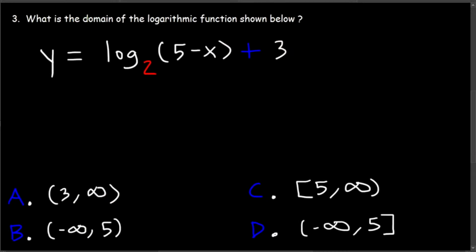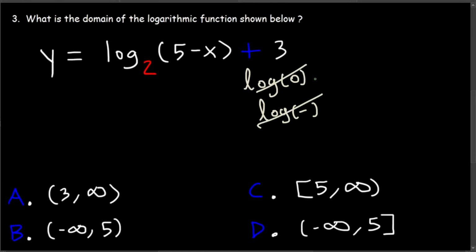Here the question is asking: what is the domain of the logarithmic function shown below? To find the domain, you can draw the graph, but you can do another thing here. When we have a log and we have a bracket, the value inside the bracket cannot be 0 or a negative value. So log cannot have 0 inside the parenthesis, and it also cannot have a negative value inside.